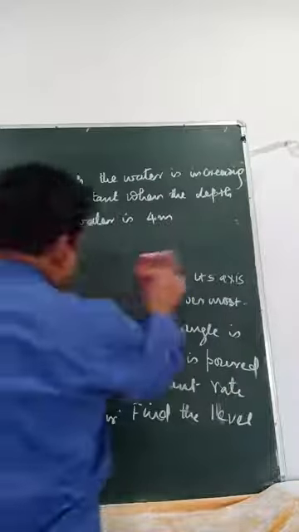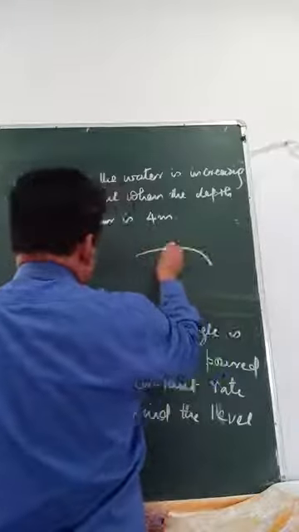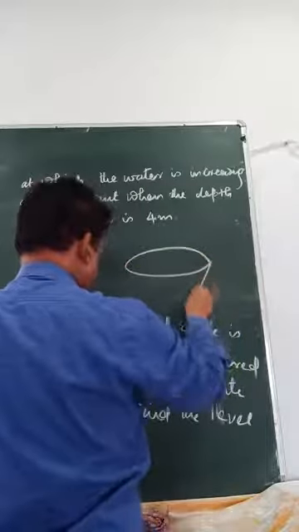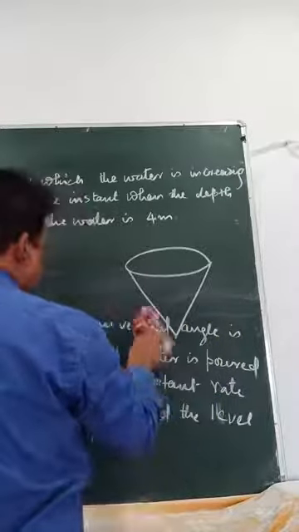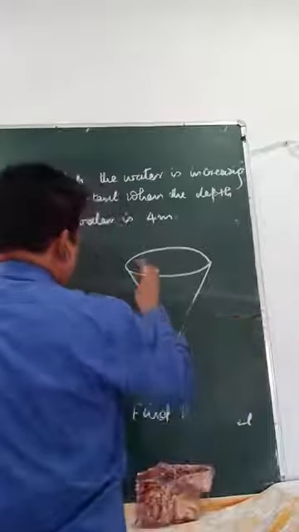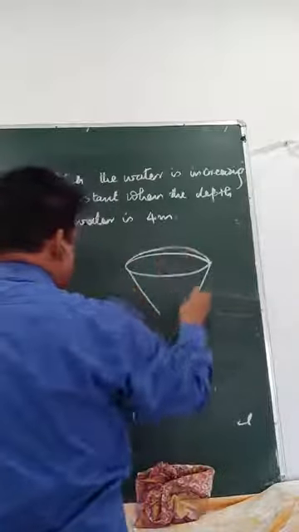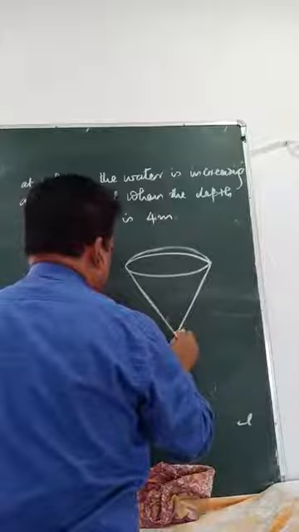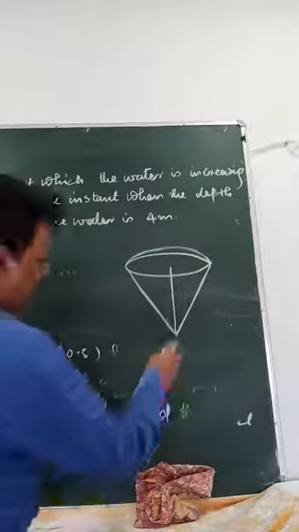So what does it say? The tank is in the form of an inverted cone in this way, with its axis, this is your axis, vertical and vertex lowermost.